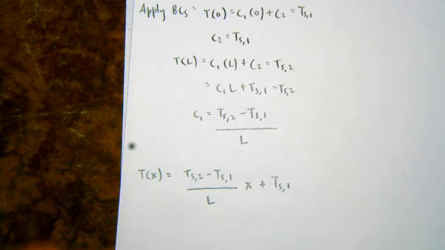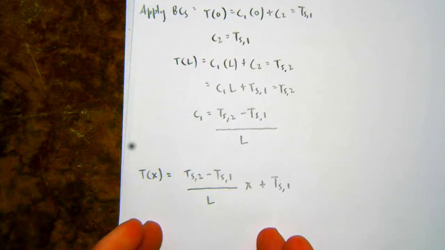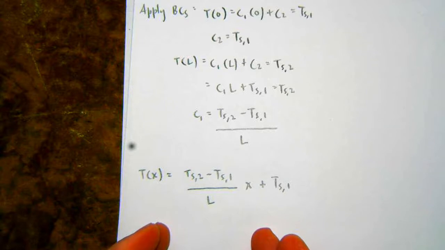And now we have something useful, right? So we have the temperature distribution, we just solved for it, in this wall, under the assumptions and the boundary conditions that we stated.